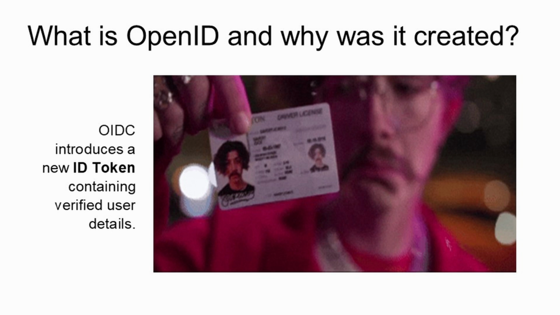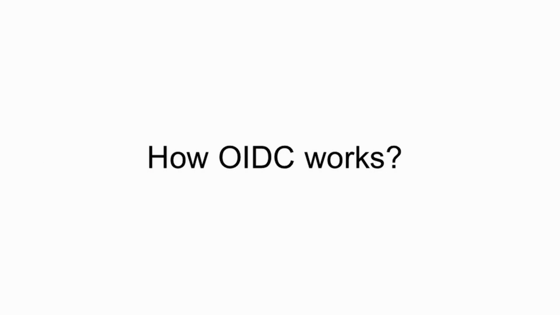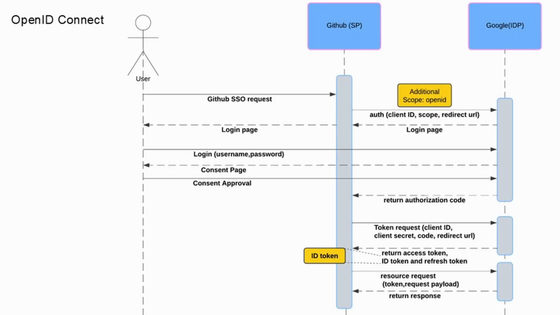So let us see what is the main difference between OAuth and OpenID. As we saw earlier, it has the same flow. It is just an extension of OAuth. Just like I mentioned, scope is the list of permissions that the service provider wants. Now the service provider also wants an ID token, so it will send an OpenID scope while requesting, so that the IDP knows that it also wants an ID token.